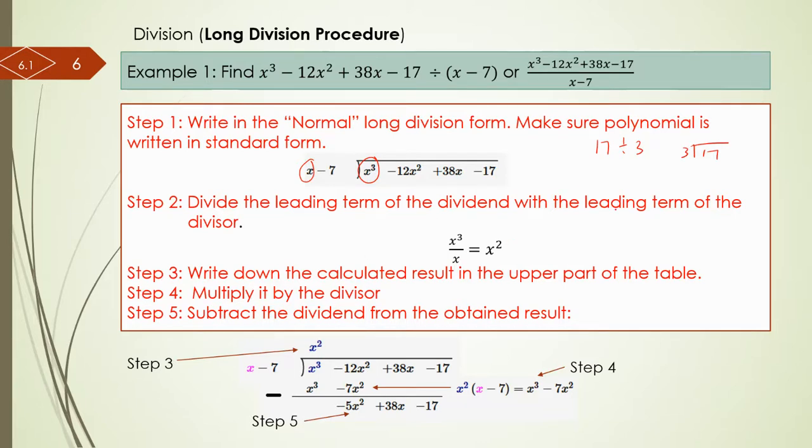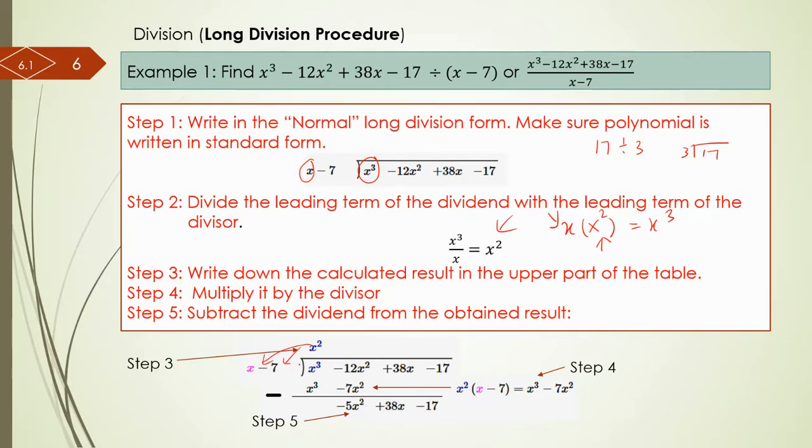Or the other way to look at it is x multiplied by what equals x cubed. I know that x multiplied by x squared will give me x cubed. So you can follow either one; both are fine. Now that I have x squared, I multiply x squared to both terms, so I get x cubed minus 7x squared.